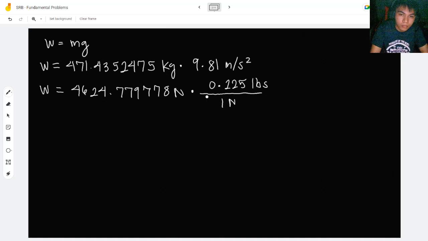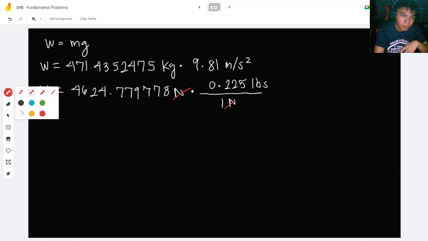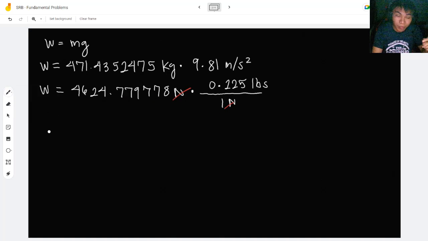So that we can cancel newtons, and then we can multiply this value to this value, and we'll end up with the answer in pounds. So the weight would be 1040.57545 pounds.